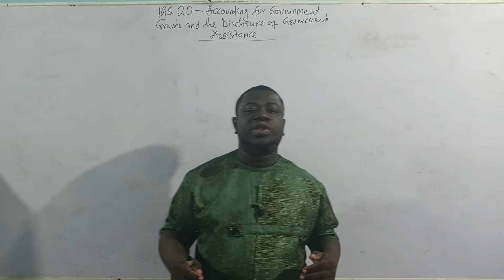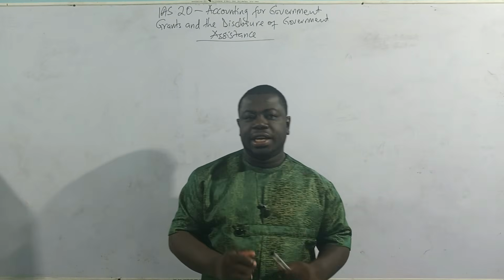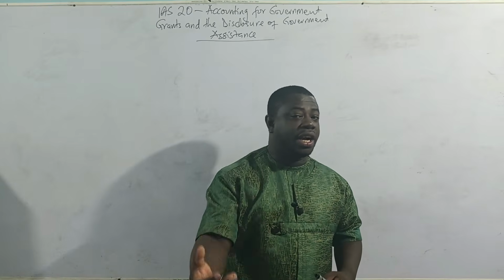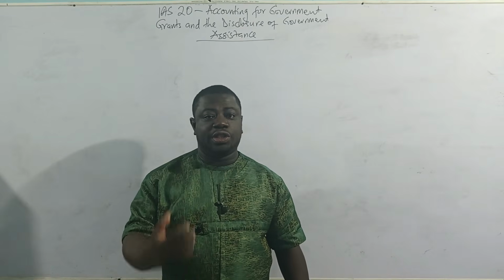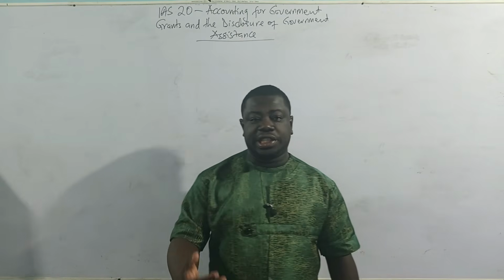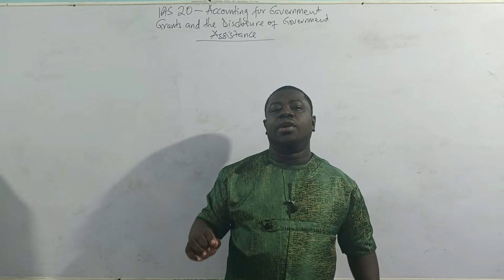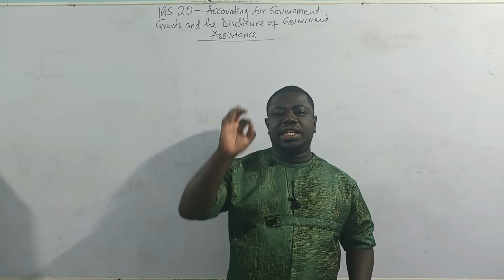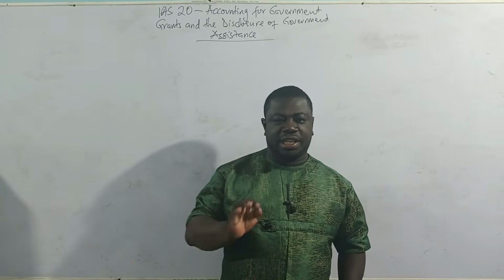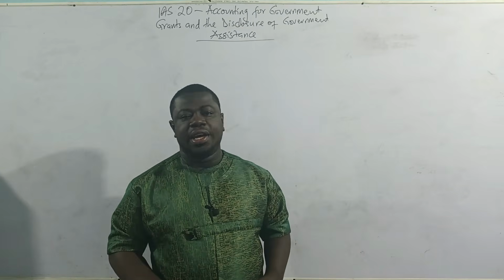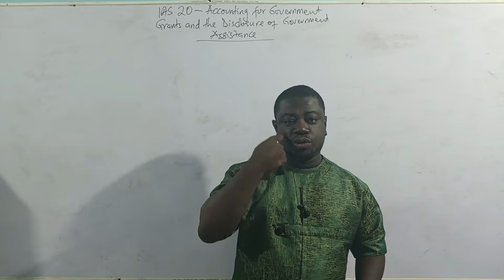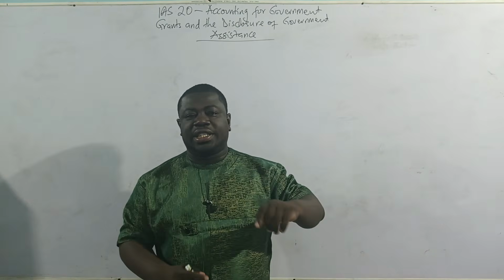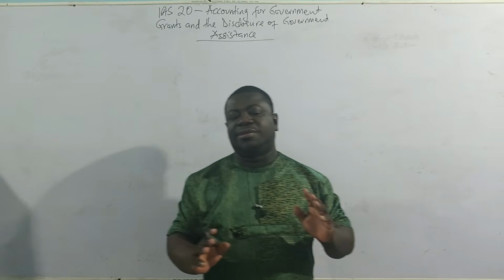You need to disclose the nature of the grant. Every grant comes with its own characteristics. Some come with their own requirements or obligations for the business to undertake. No matter what, you must disclose in the notes to the financial statement, for all the users to see, the nature of the grant that you have recognized in the financial statement.